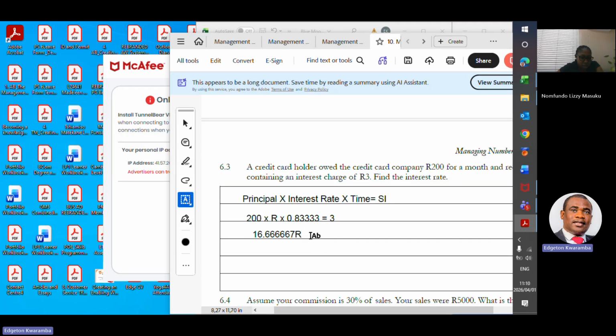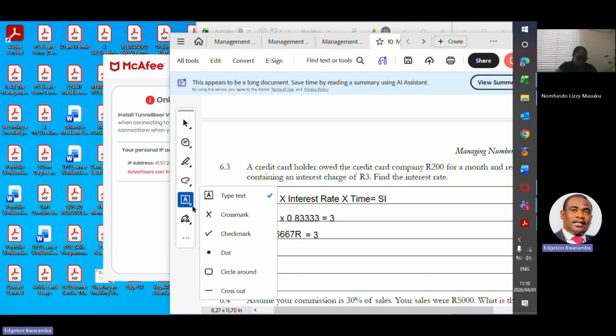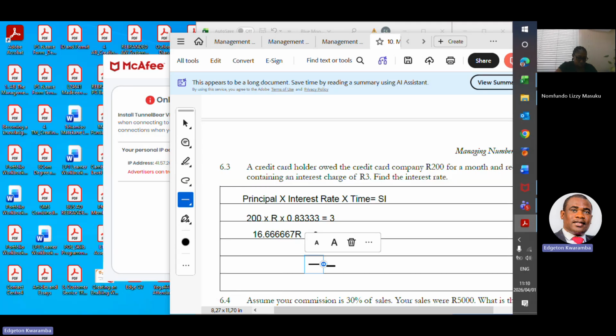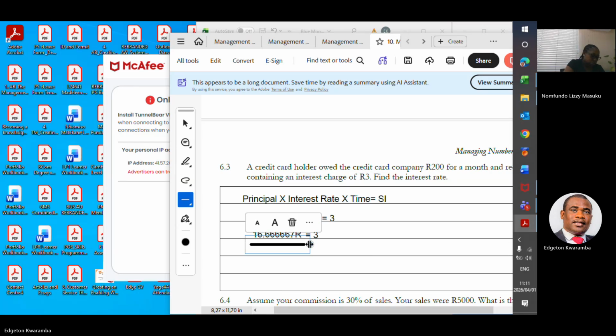The R is equal to, in other maths calculations they'll put an x or a y there, is equal to 3 Rand. So 16.666 R is equal to 3 Rand. So I want R to remain alone. So I divide both sides by 16.66666, so that R, our interest rate, can remain alone.